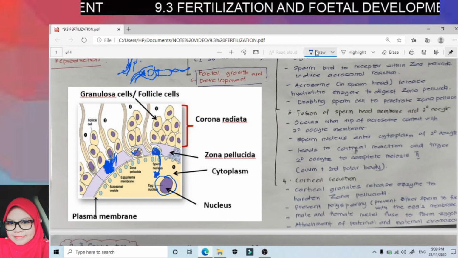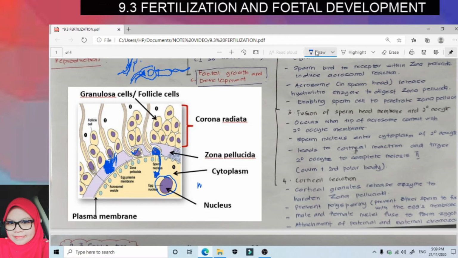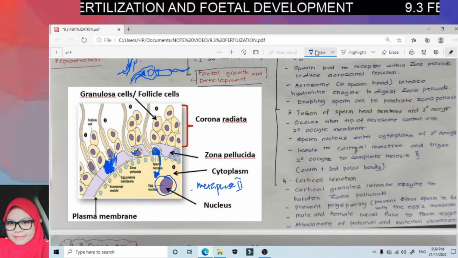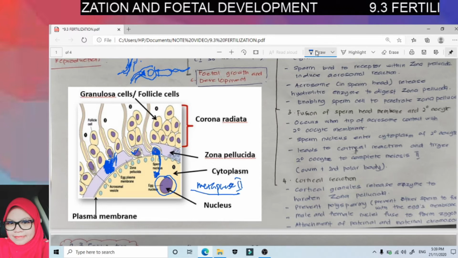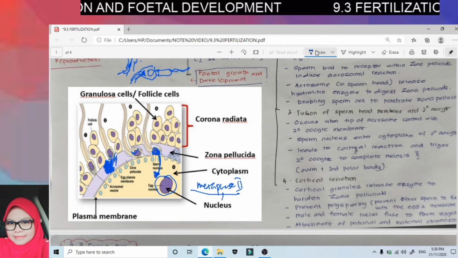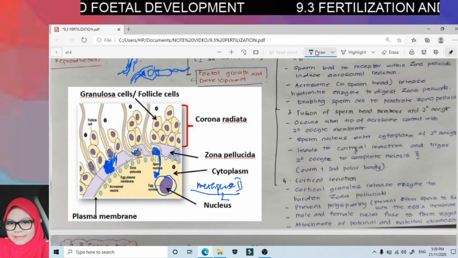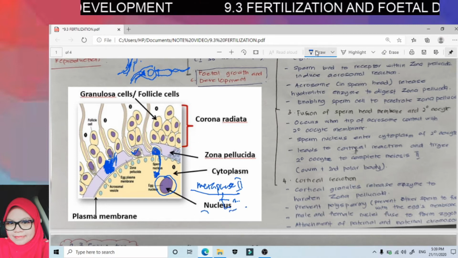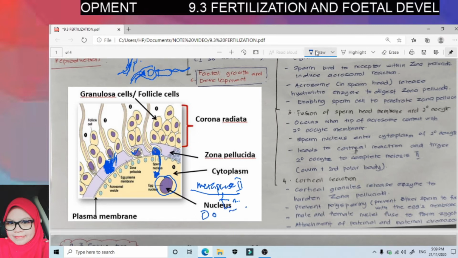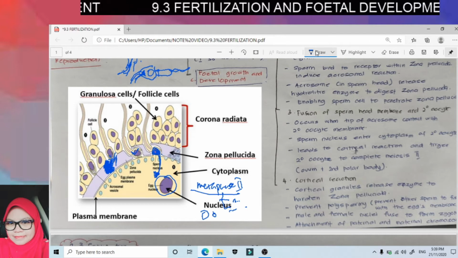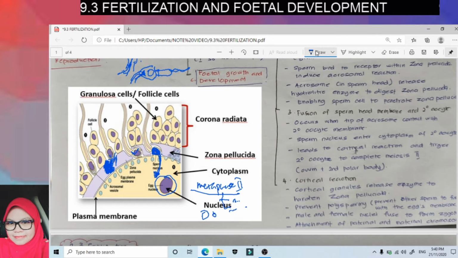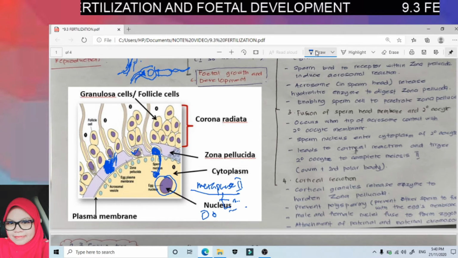The secondary oocyte is actually at metaphase 2. Betul? So it will complete meiosis 2, continuing with anaphase 2 and telophase 2, and finally form an ovum and a second polar body once the sperm nucleus enters the egg cytoplasm.